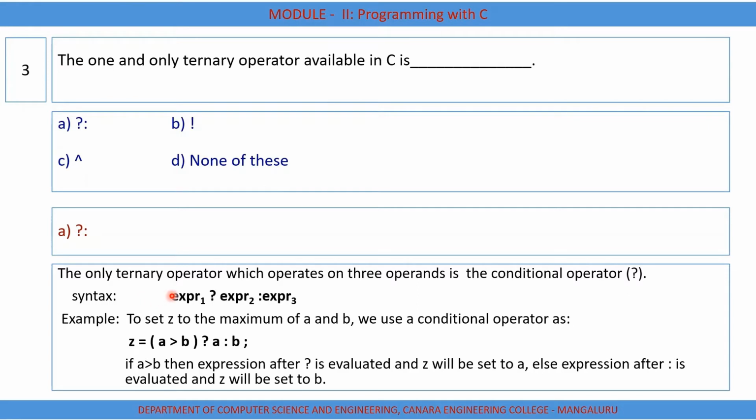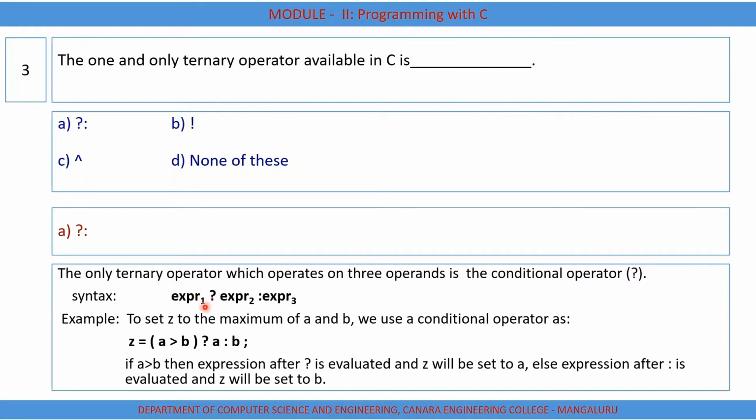The ternary operator is the one which takes more than 2 operands. Here you can see that expression 1 is evaluated first. If expression 1 is true, then the expression following the conditional operator will be returned.